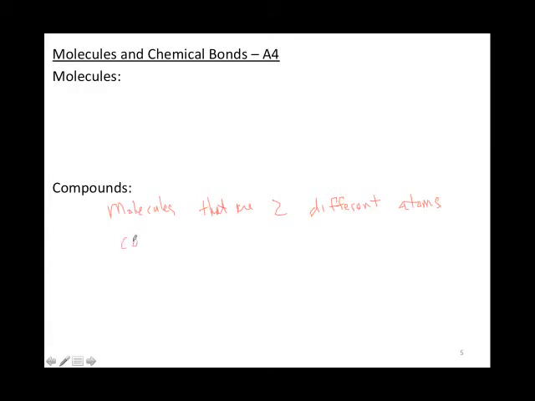So while we can have a molecule of carbon dioxide, a molecule is one instance, the compound itself is carbon dioxide. Glucose is a compound. But if we have one instance of glucose, or one sample of glucose, C6H12O6, that would be a molecule of glucose. 6 carbons, 12 hydrogens, and 6 oxygens.